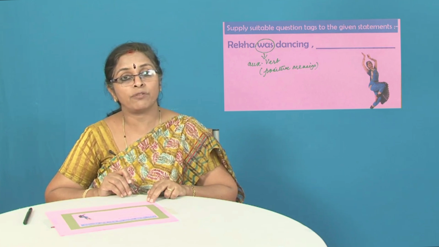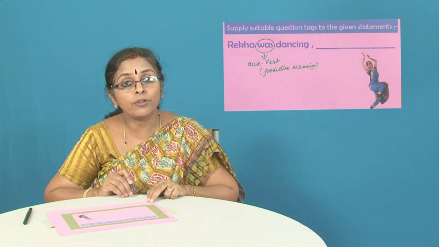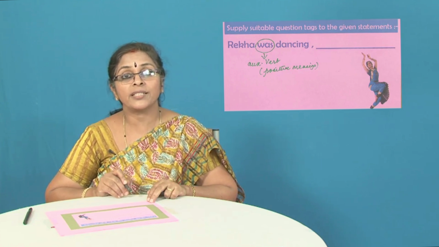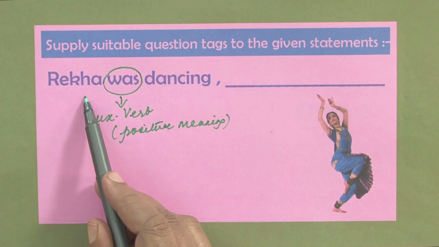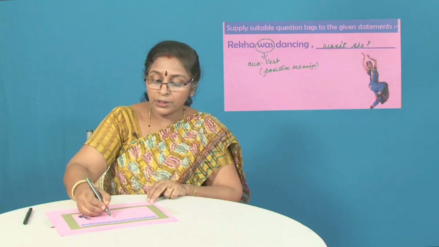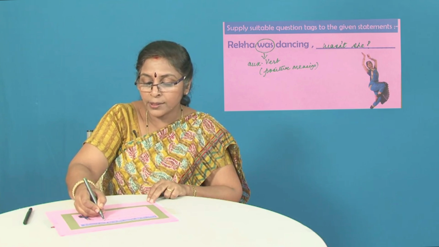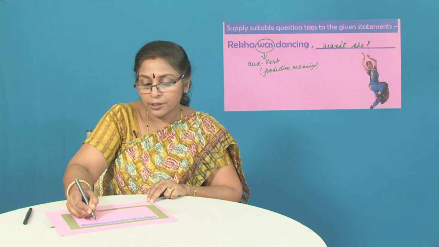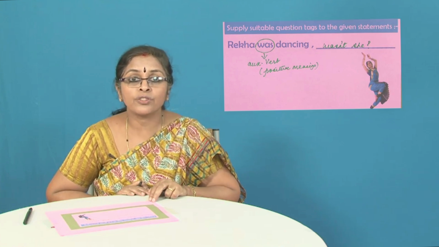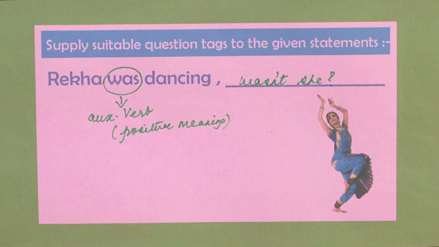Wherever you have names of people, if it is a name of a boy, you will write he. If it is a name of a girl, you will write she. So since Rekha is the name of a girl, instead of Rekha, you will be writing the pronoun she. So the answer is wasn't she. Right? Shall we move on to the next example, students?